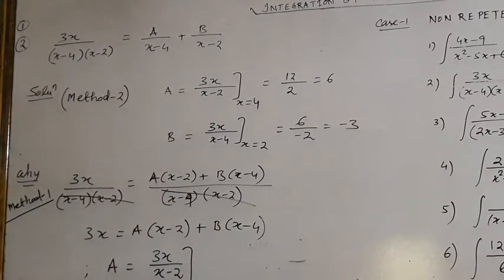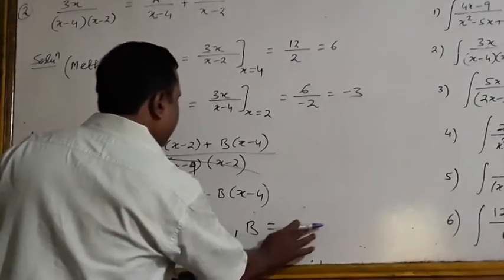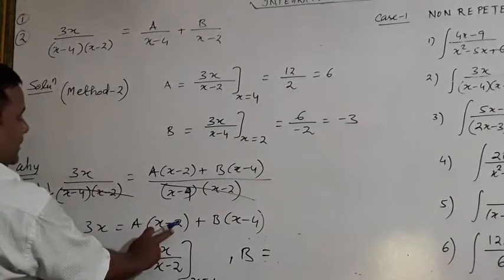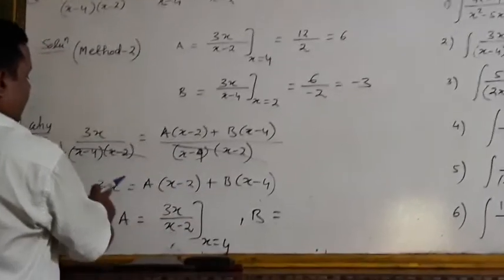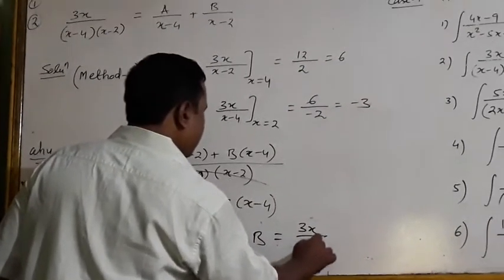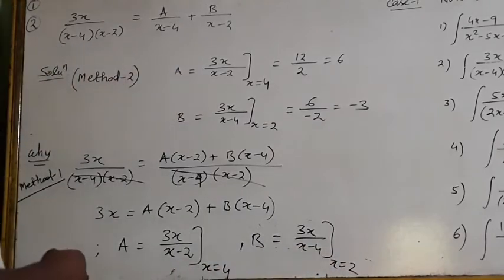It is here directly. What is B? To find B, what you have to do? Put x is equal to 2. So it becomes 3x by x minus 4, putting x is equal to 2.